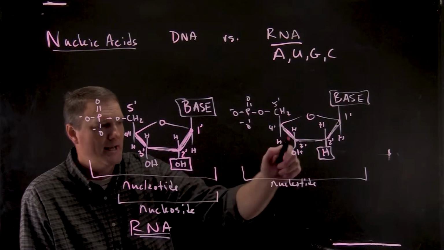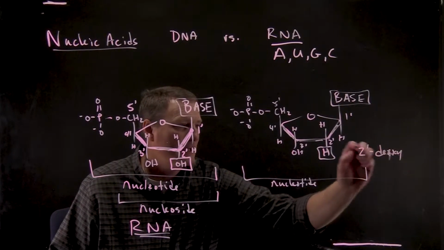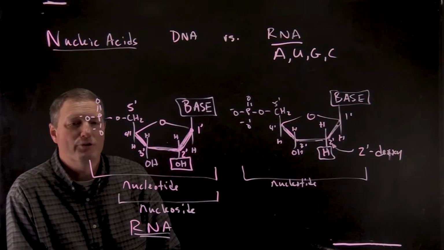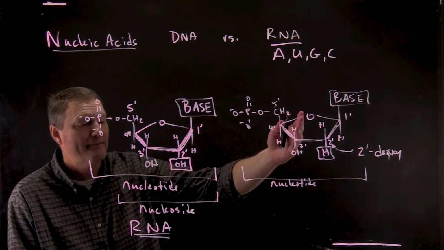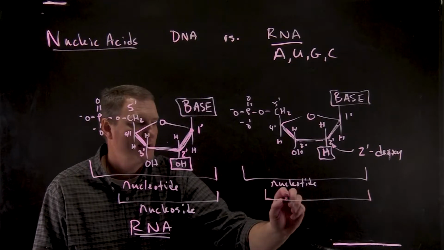So notice the difference again. So this is often called a 2' deoxy sugar because the 2' position does not have the OH group on there. And these would then ultimately be the building blocks of DNA. Again, if I didn't have the phosphate on there, that would be called a nucleoside.